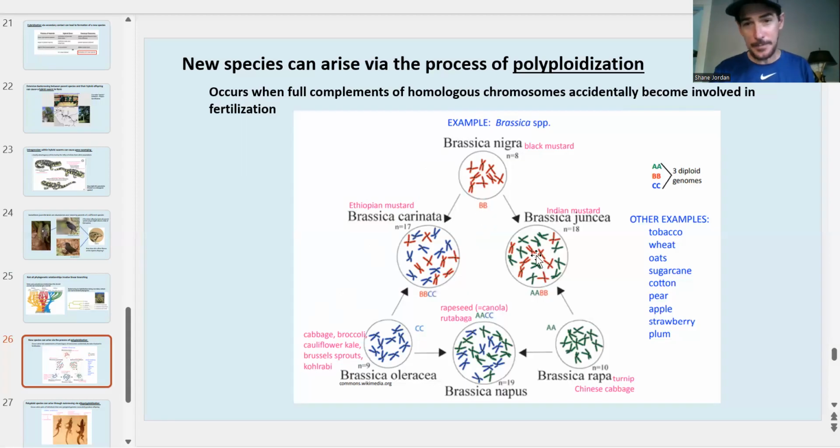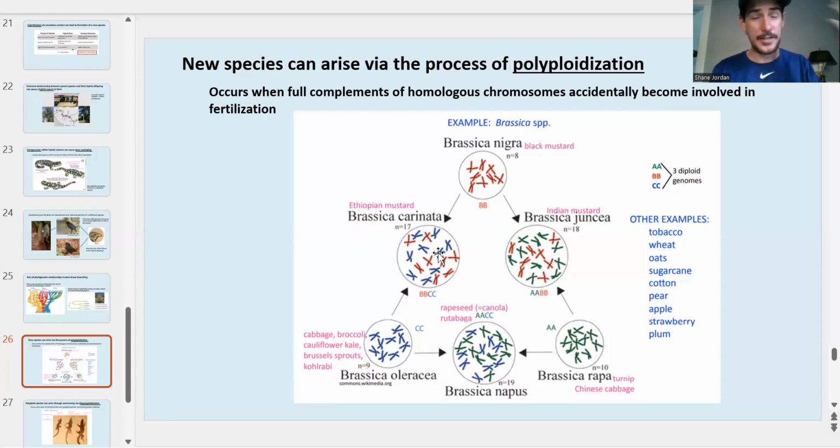And this has also happened between Brassica nigra and Brassica rapa to form Brassica juncea, and between Brassica oleracea and Brassica rapa to form Brassica napus. And so these hybrids, by virtue of carrying double the normal set of chromosomes, are able to undergo hybridization and form offspring that have, again, twice the normal number of sets of chromosomes that you might expect, and really form completely new species.